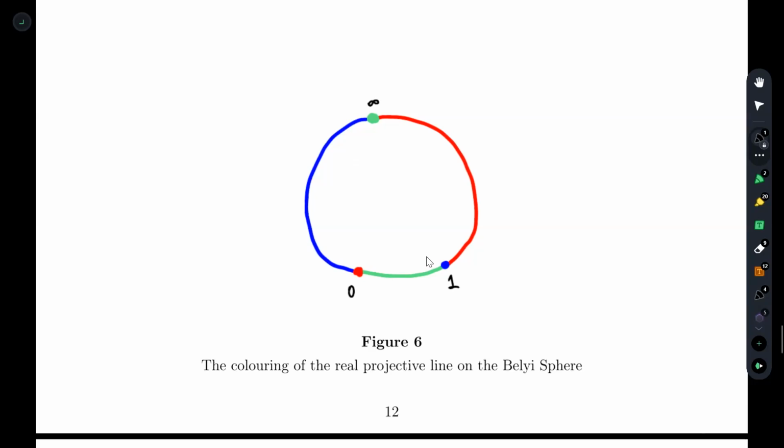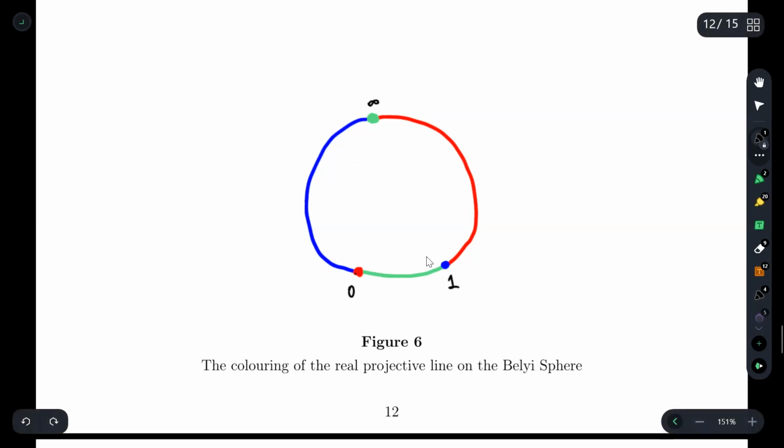And this is the point at infinity I'm considering, this is 0, and this is 1. So I'm coloring all the points which are less than 0 in blue, and all the points greater than 1 in red, and all the points in between 0 and 1 in green. And this is like a triangle.